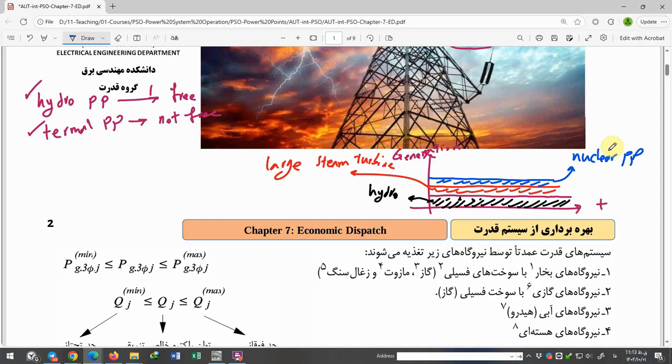As you know, the nuclear power plant is a kind of thermal power plant, but the fuel is different.